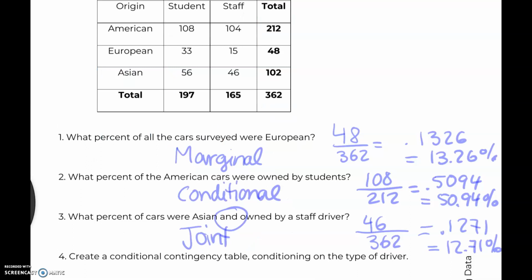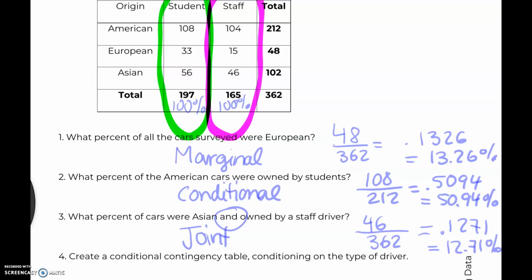which is 12.71%. The last question is asking us to create a conditional contingency table, conditioning on the type of driver. First of all, what we want is our total for each type of driver to be 100%. So we're conditioning on the type of driver, which means we're first going to look at our students and look within that category, and then next we're going to look within the staff, and calculate those percentages for each one.